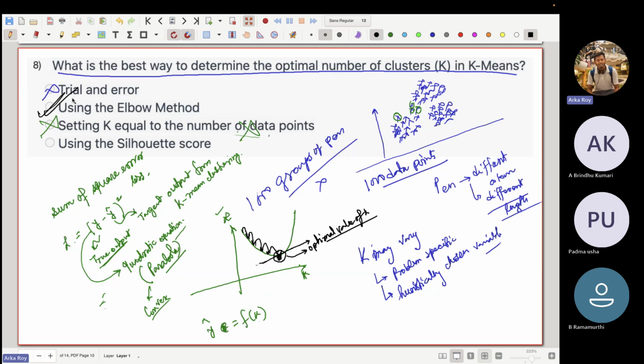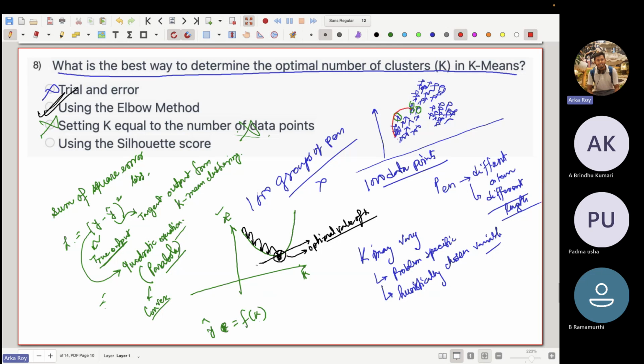The elbow method deals with the sum of squared error loss with respect to k, and from there we can get the optimal value of k, because it creates a computational algorithm which employs a gradient descent like structure, and we reach the global minima or the local minima. This gives you the optimal way to find the optimal number of clusters that you can consider and start off with solving this clustering problem.